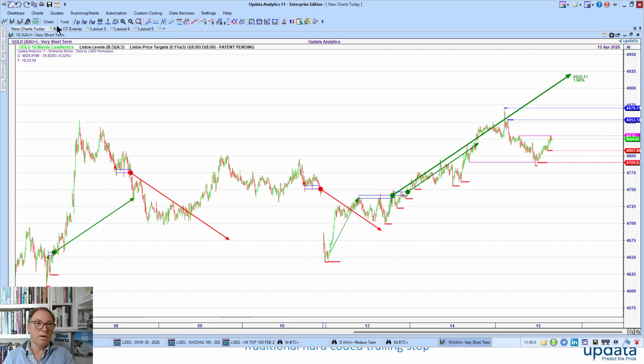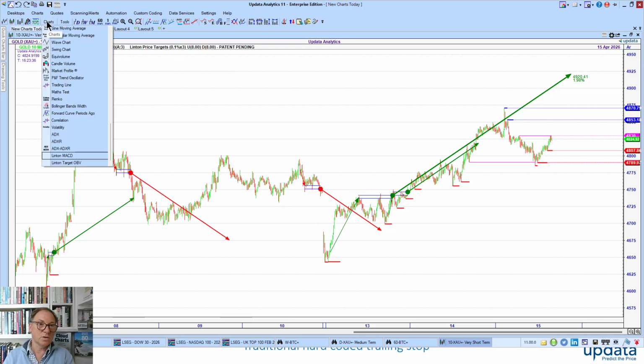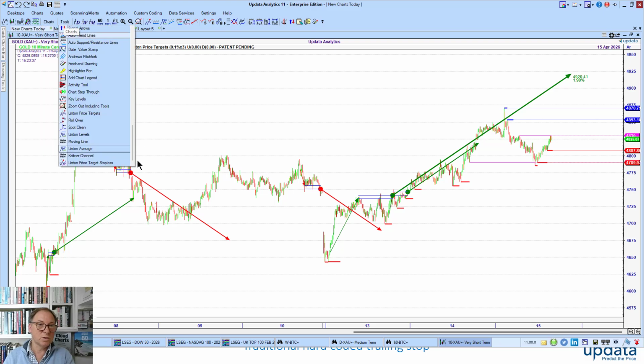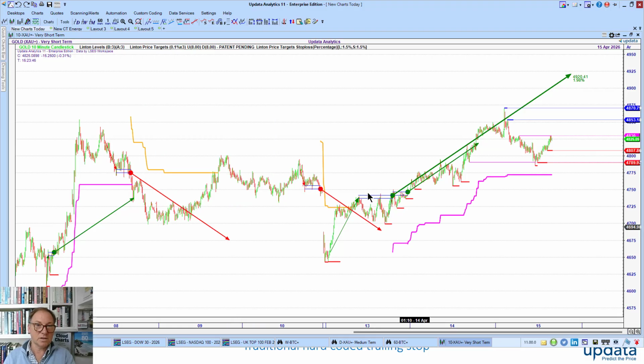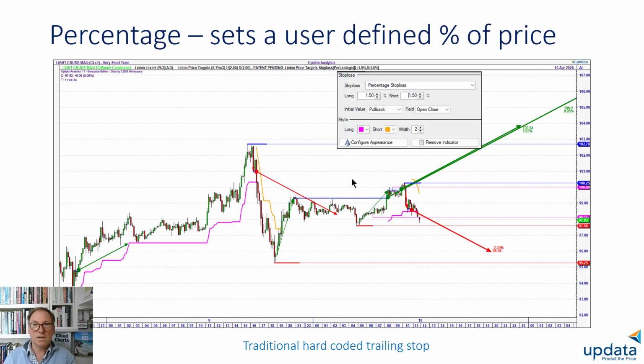And now if I look at this tool, which is the stop loss tool, Linton Price Target Stop Loss, I can just put the percentage one on there, and that's what they look like. So they start from the activation point of the target. This runs a short, but the key thing is there's no intelligence here. I've just used 1.5%. So that's a traditional hard-coded stop.